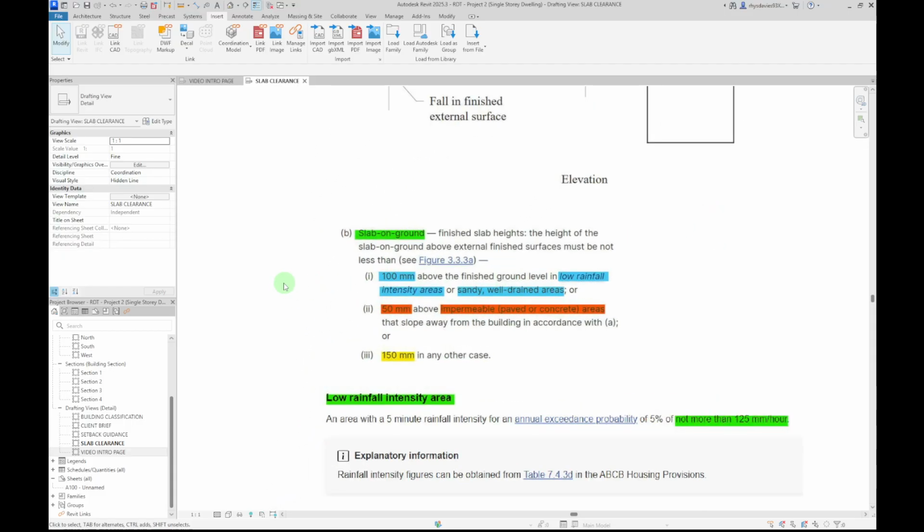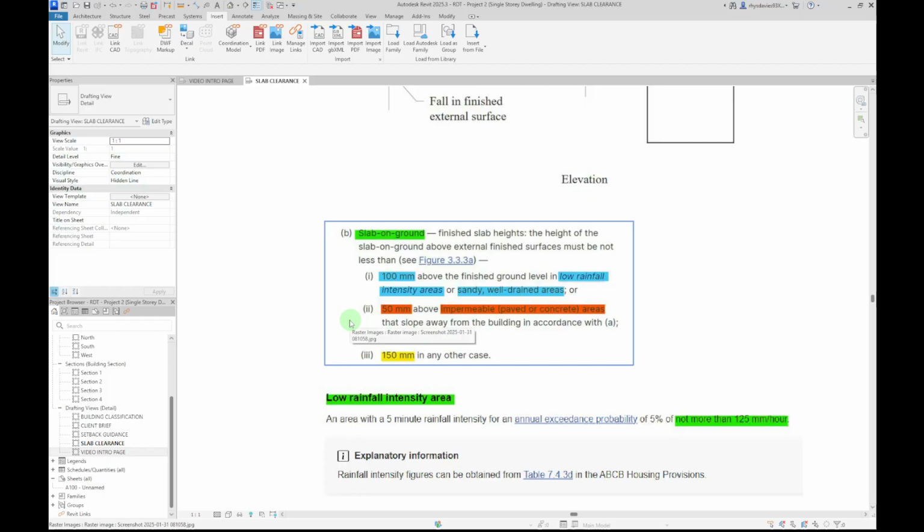In the NCC, it gives us three minimum options for heights above that external finished surface. We have 100 millimeters minimum, if your area is a low rainfall intensity area or a sandy, well drained area. That's option number one.